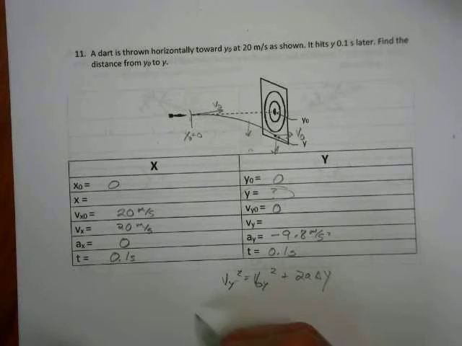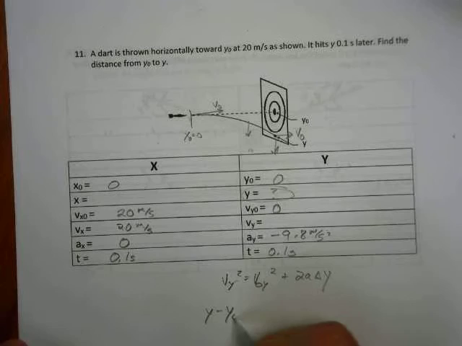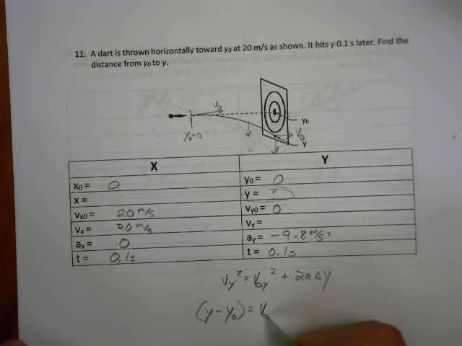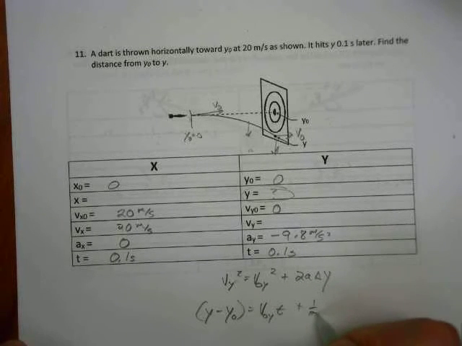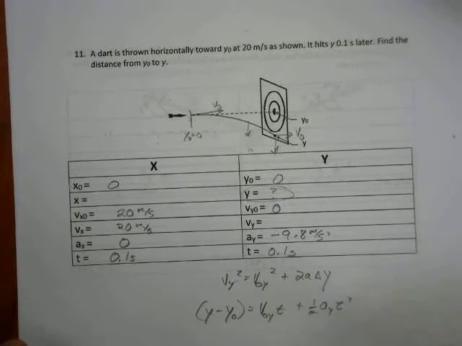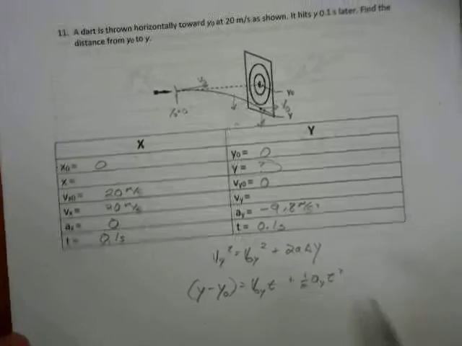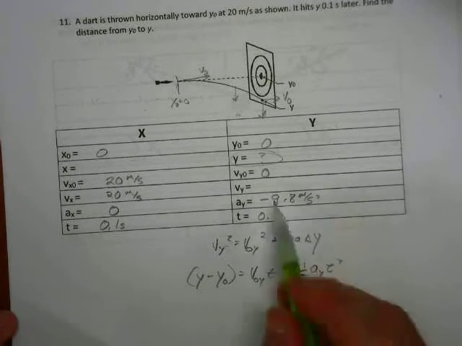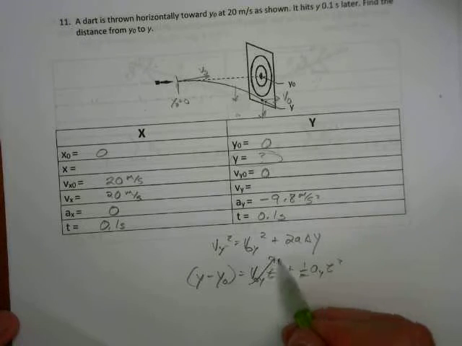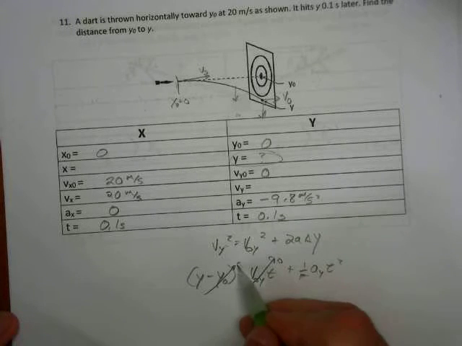What about another equation? What about y minus y0 equals v0y t plus 1/2 ay t squared? We have time. This is what we're after. We have the initial velocity. We can do it. So the initial velocity in the y direction is 0. y0 is 0.